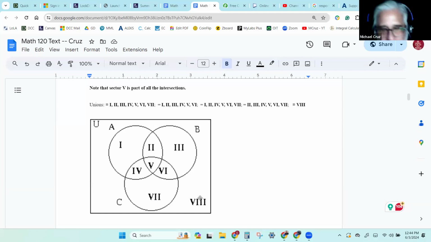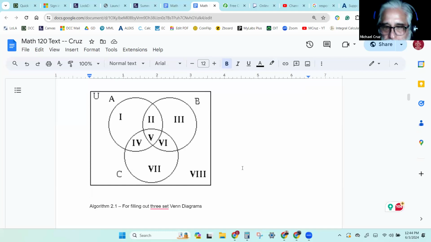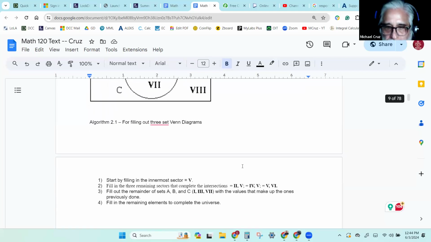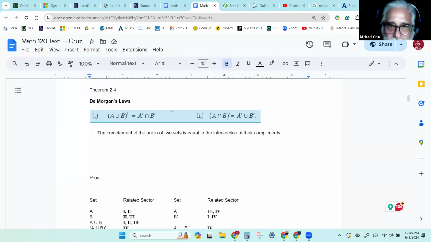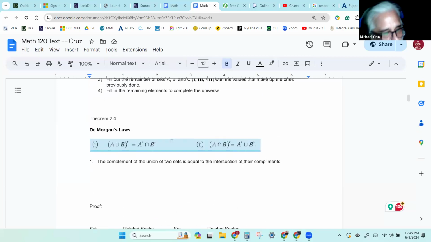So with set operations, I'm going to show you one in a second here. But to do that, I'm going to show you this thing, De Morgan's laws, it's called. And it's got 2 parts. Part 1 and part 2.